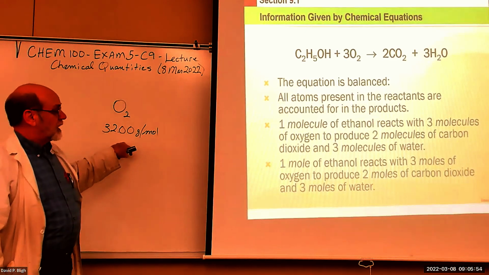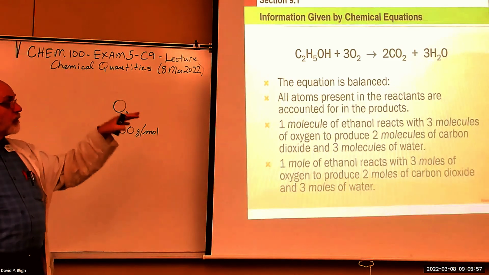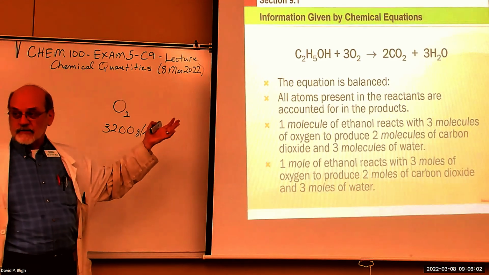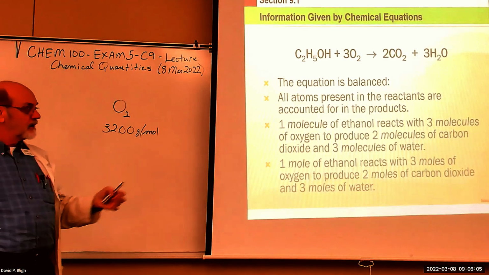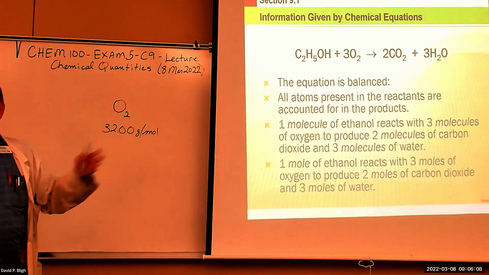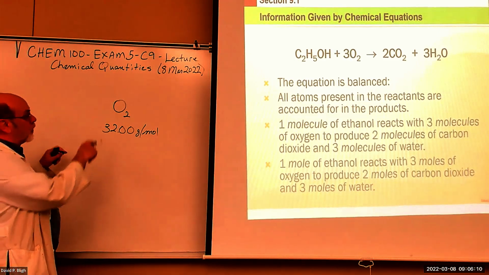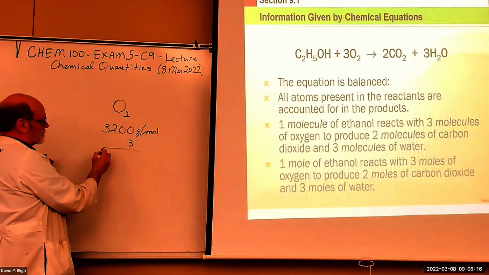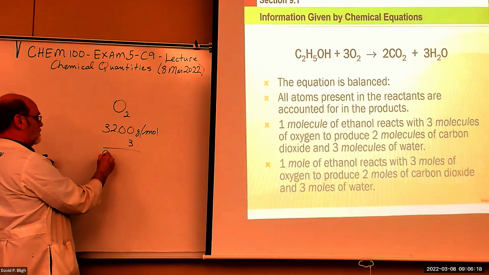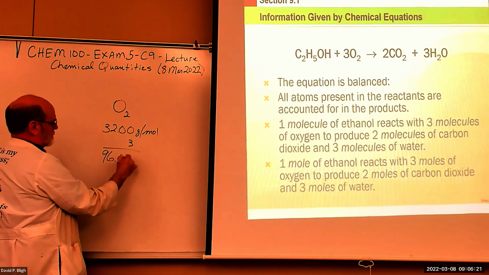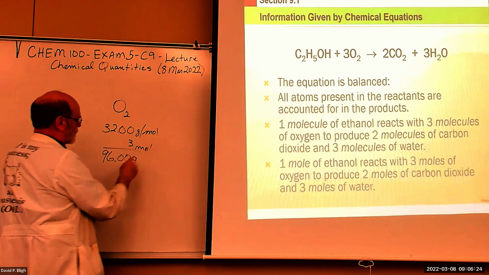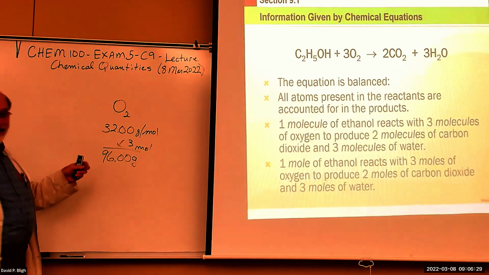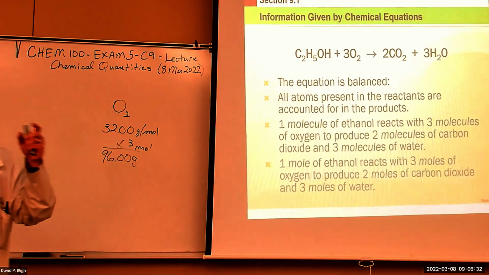So we can say if we have 1 mole of oxygen, actually instead of 3, just say 1 mole instead of 3, the ratio is still the same. Well, let's keep it simple, 3 moles. So if we have 3 moles of oxygen reacting with 1 mole of ethanol, that means we have 3 times that amount, or 96 grams of oxygen.